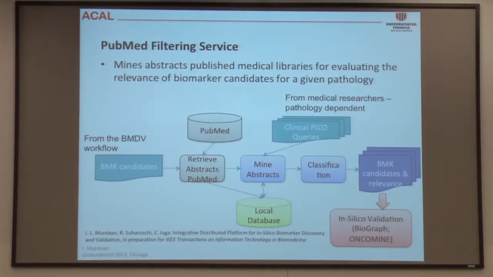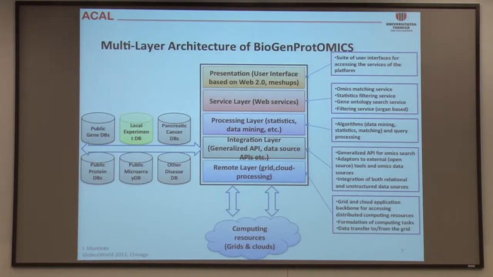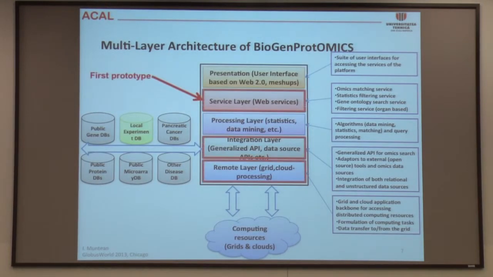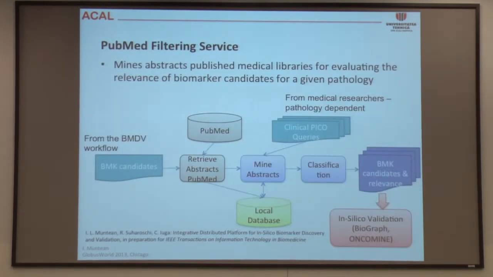All right, so let's have a more detailed look into the second part, this part here. What they are basically doing in PubMed is they have the specific candidates and retrieve relevant abstracts from the database into a local database, and from there they operate. They are conducting a couple of mining tasks.